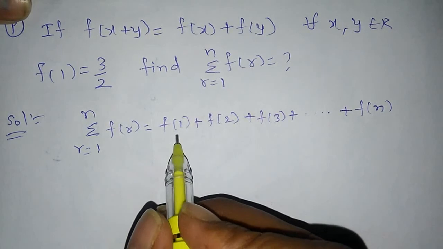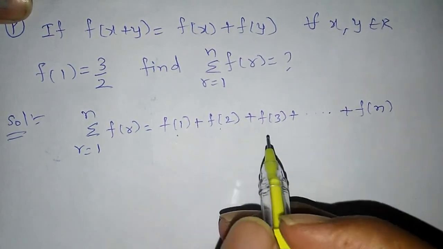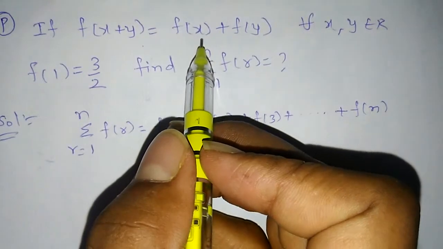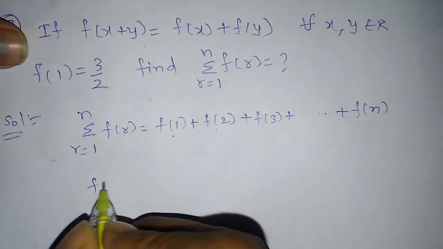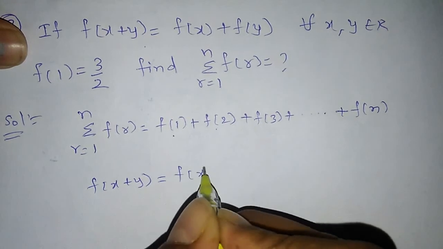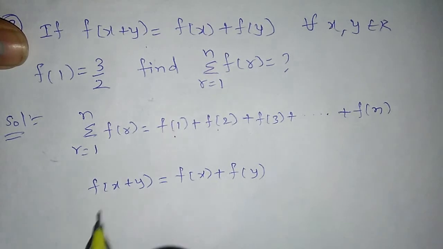So we have f of 1 value, but we don't have f of 2, f of 3 and so on, f of n values. So here we use the condition f of x plus y is equal to f of x plus f of y. Given function f of x plus y is equal to f of x plus f of y.